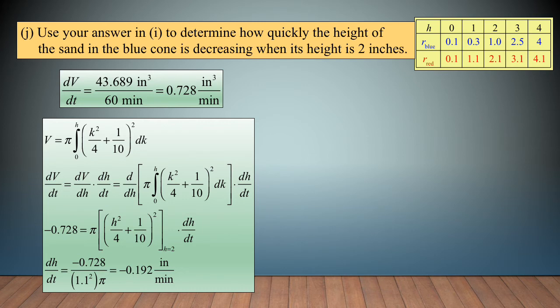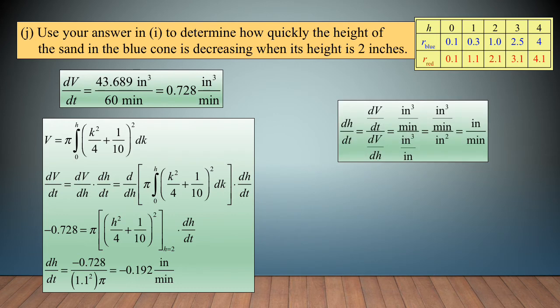Our answer is 0.192 inches per minute. Since you are asked how quickly is the sand decreasing when the height is 2 inches, an answer of 0.192 inches per minute is acceptable. But in reality, dh/dt is negative 0.192 inches per minute.